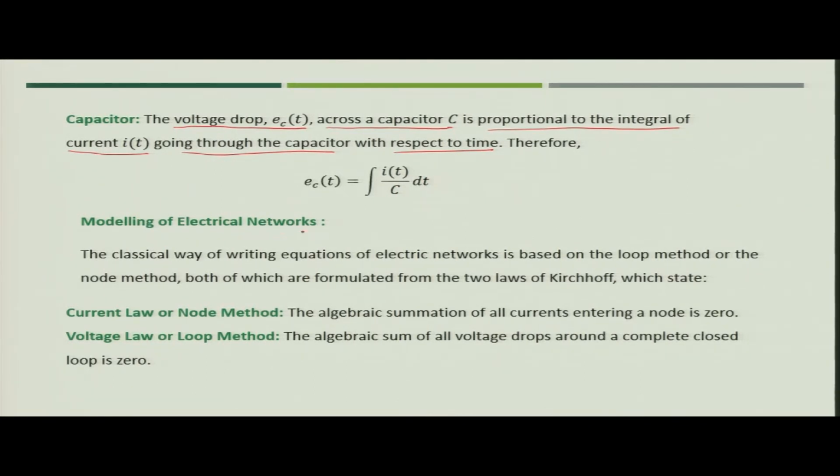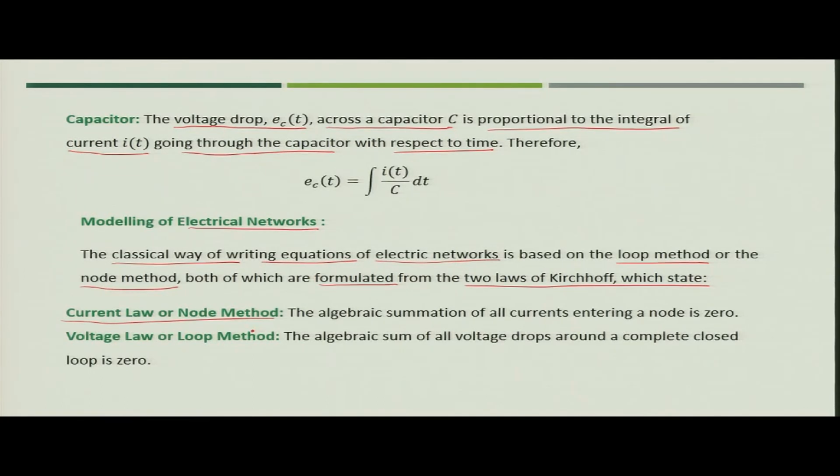Now, for modeling of electrical networks, we used the classical way of writing the equations of an electrical network, and it was based on two methods. One was the loop method and the second was the nodal approach, and these two approaches are formulated from Kirchhoff's laws.